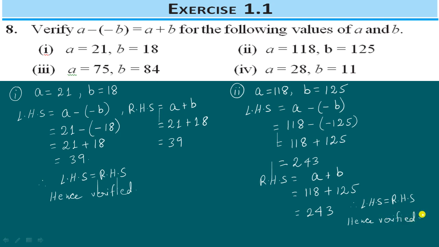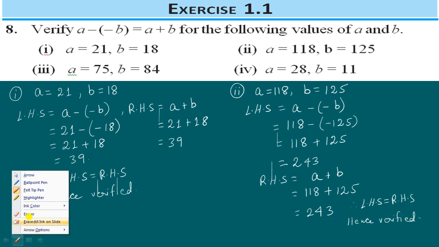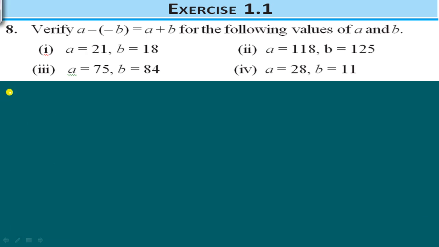Now we'll solve question number 3. Question number 3, the value of a is 75 and the value of b is 84.